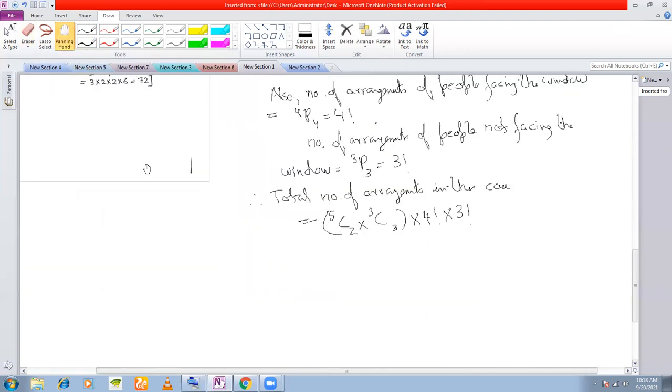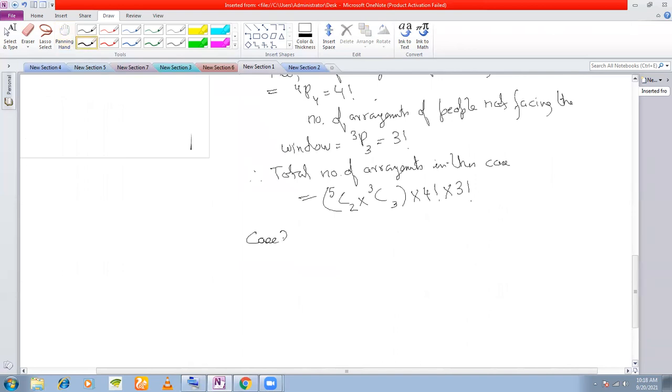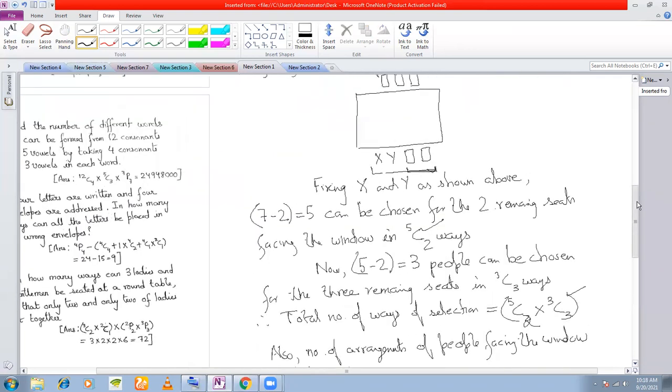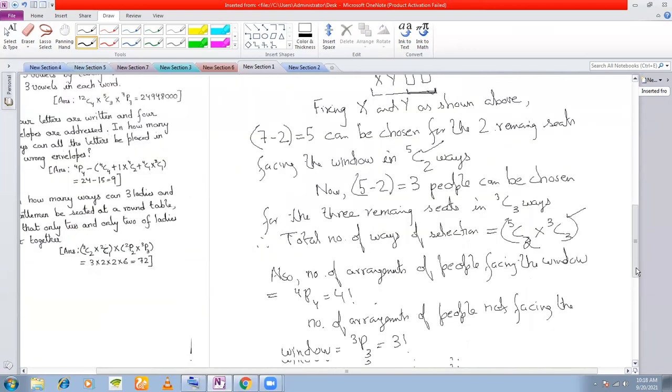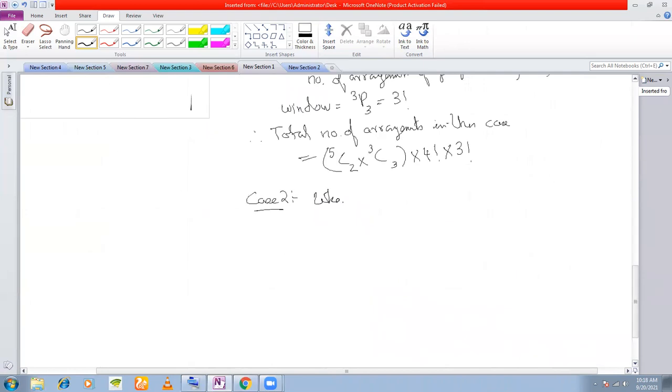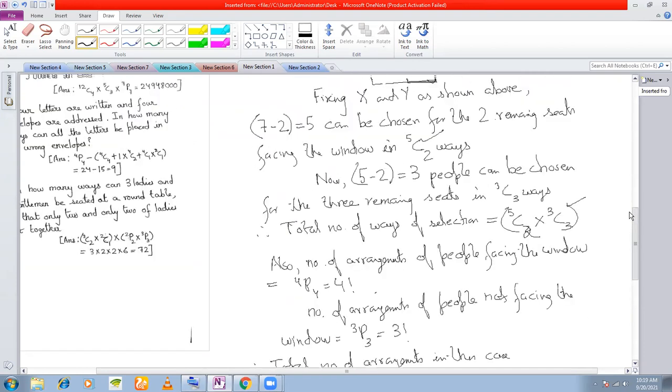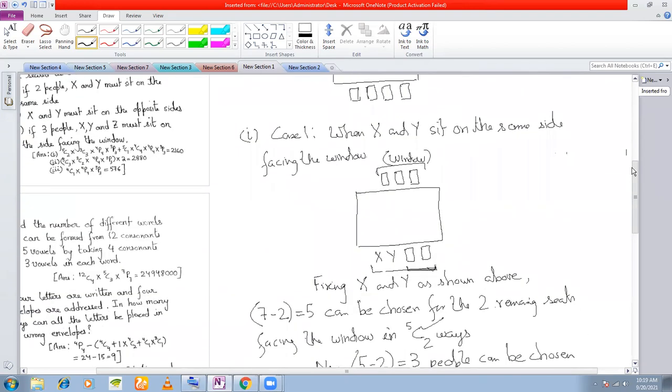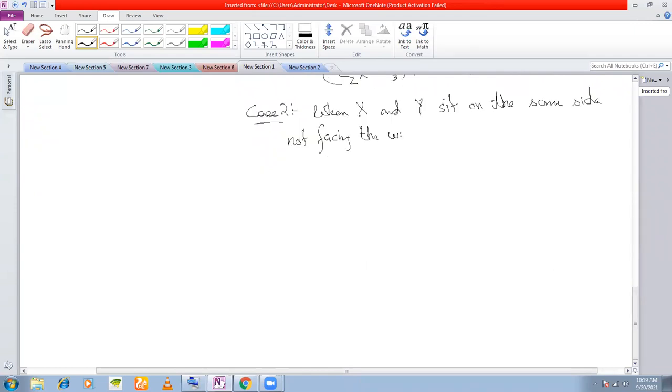Case 2 is when X and Y sit on the same side, not facing the window.